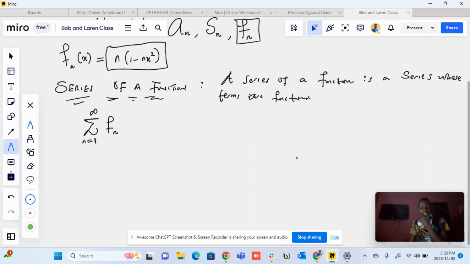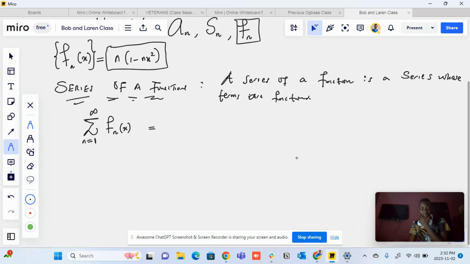To write this clearly, you have to put in terms of x there. You are trying to find the summation on n itself, not on x. Let's assume that our function is given as this. So the sequence of function, I can put in a bracket this way.